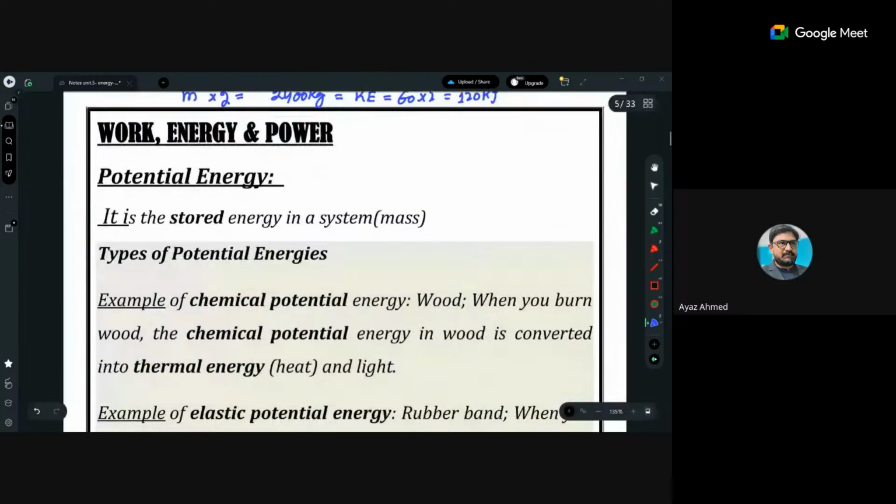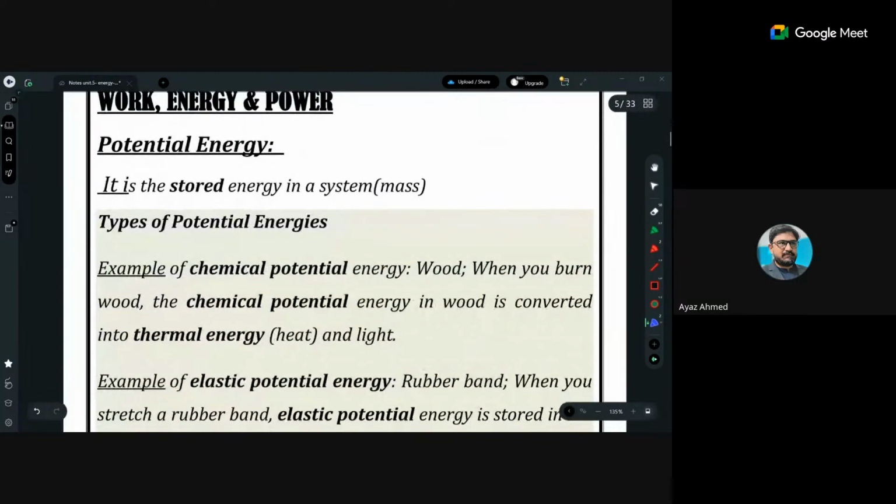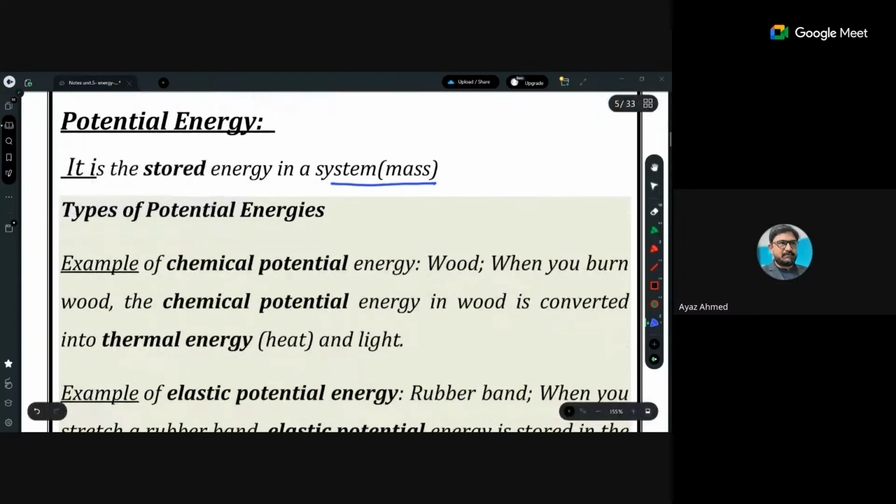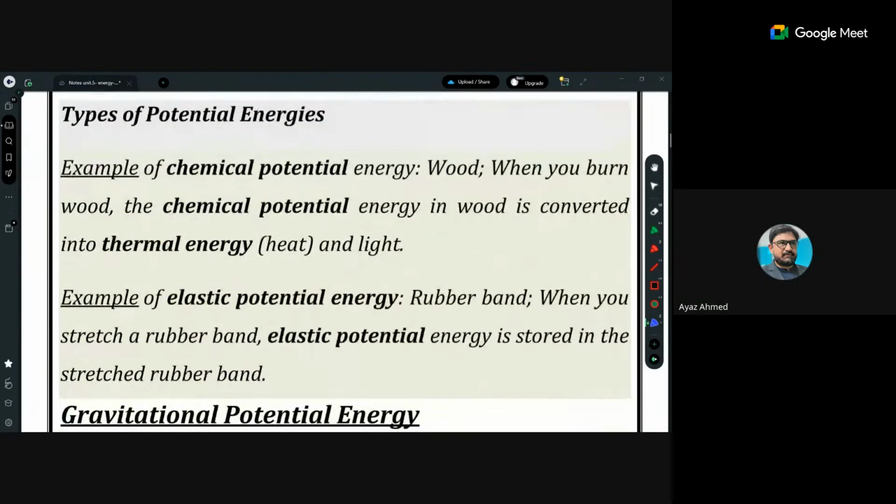After that comes potential energy. So potential energy is again a topic which is dealing with energy stored in a system, especially mass. There are several types of potential energy, as I mentioned. The chemical potential energy, which is available in wood and burning of chemicals and all that stuff.